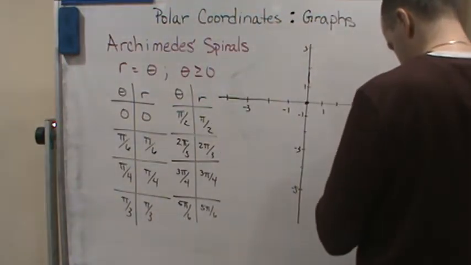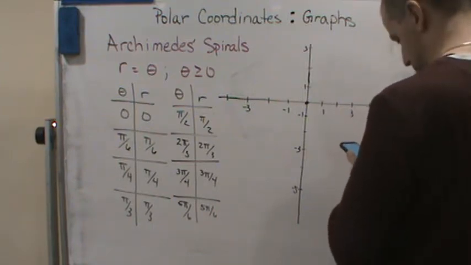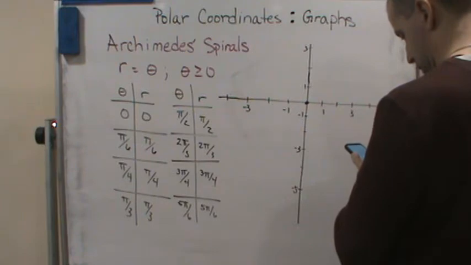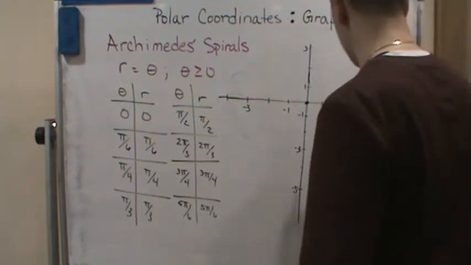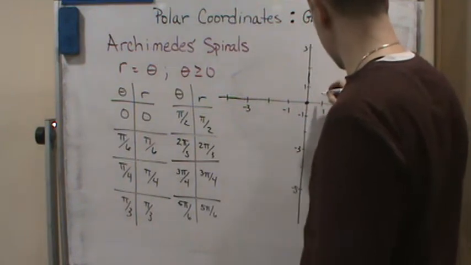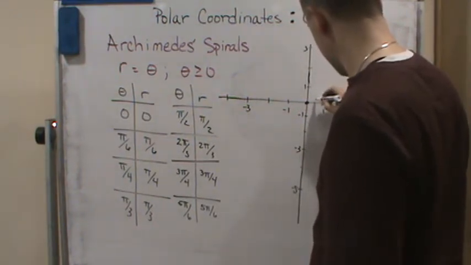So pi over 6 is 0.52. So at 30 degrees, it's 0.52. So that's going to be right about, let's say, here.